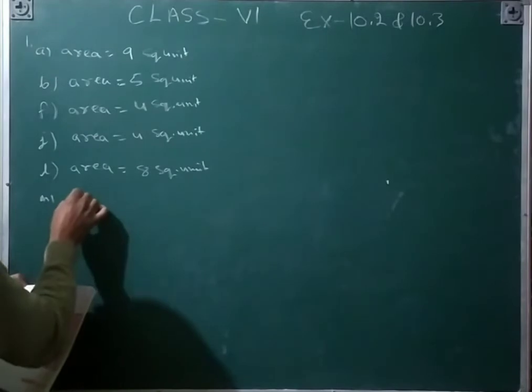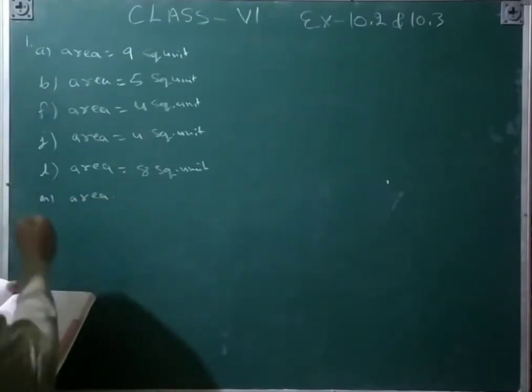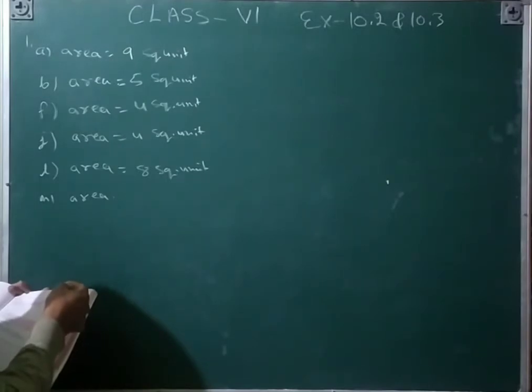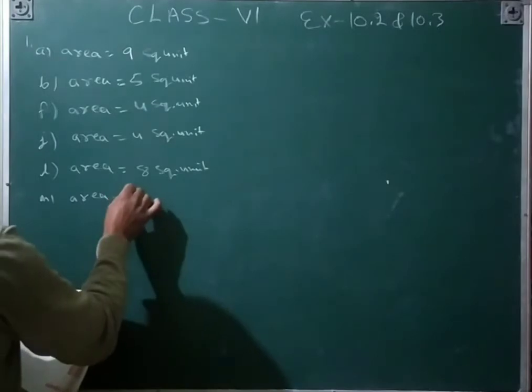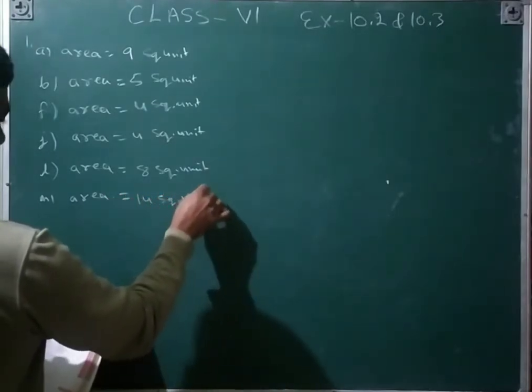And then M part, that area by the counting will be: 7 boxes are complete and by the half and by that one, this will be 14 square unit.